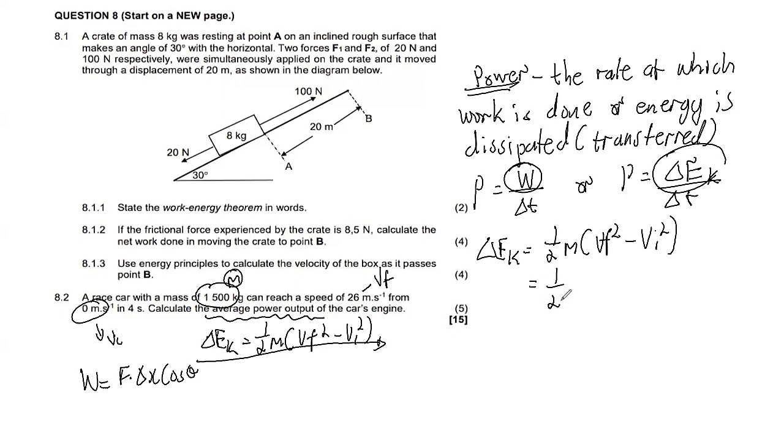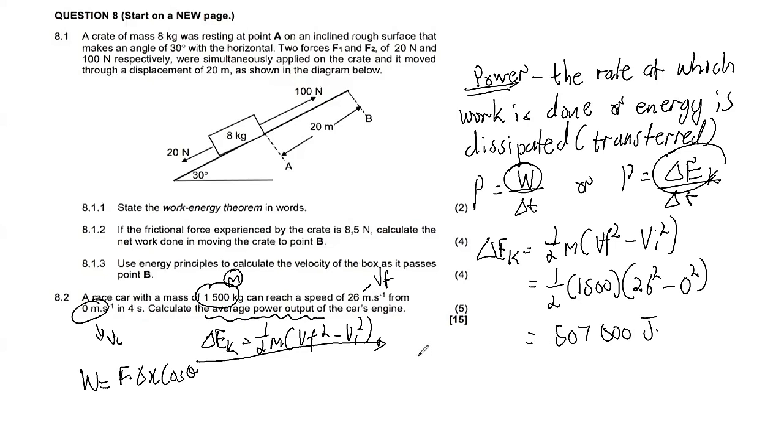That's my half. Mass is 1,500. I'm not concerned about anything; it's just plug and play, simply putting what I'm given into the formula. And if I punch that into my calculator, I get a value of 507,000 joules. Remember, it's energy.